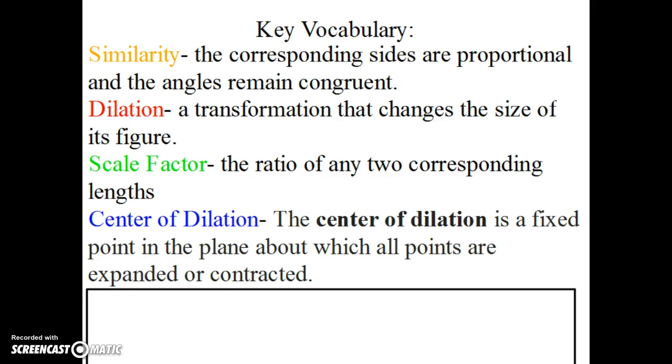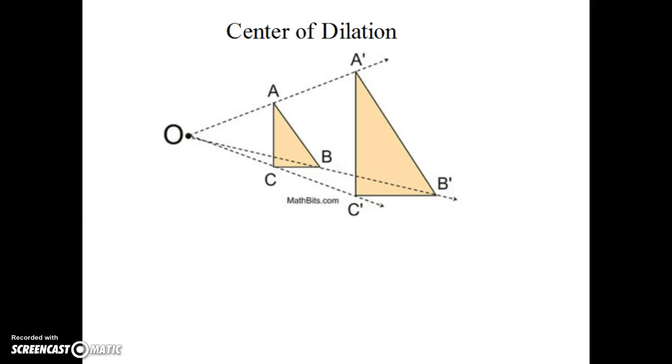So let's see what center dilation looks like. Our center dilation for this particular picture is the point O. So ABC was dilated from the center dilation of O. The first ABC, which is the pre-image, was very small.